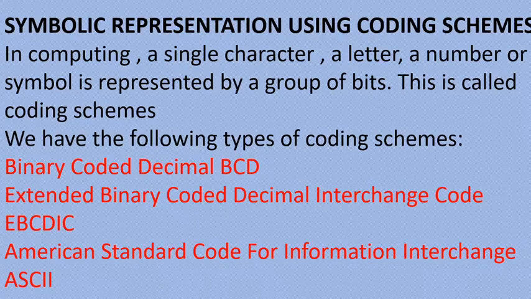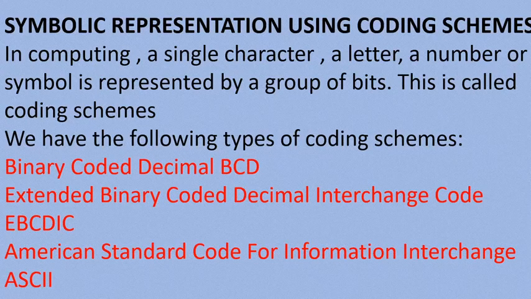We have symbolic representation using coding schemes. Remember, we have said coding is converting human readable to machine readable, that is binary form. In computing, a single character, a letter, a number, or a symbol is represented by a group of bits. This is called coding schemes.